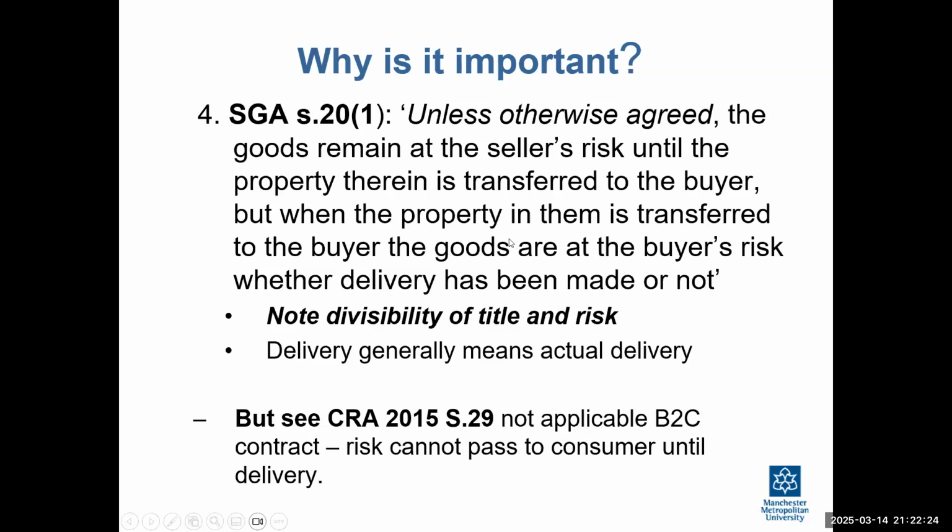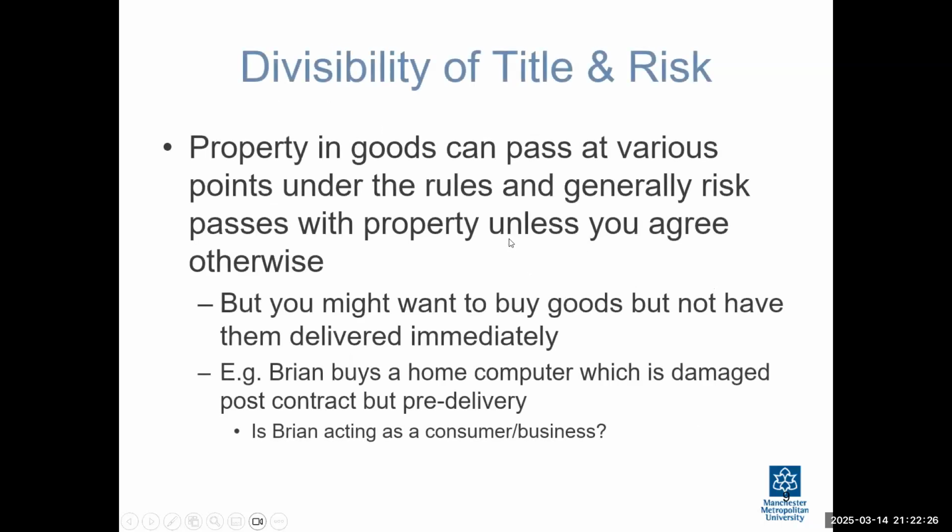So delivery generally means actual delivery to the buyer. Property can pass at different points, but this will be determined by the intention of the parties. And we can also look to the act to identify what the intentions are. You might want to buy goods, but not want them delivered immediately. In fact, that's the way the commercial sector works.